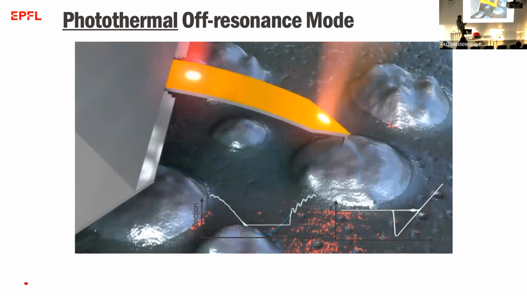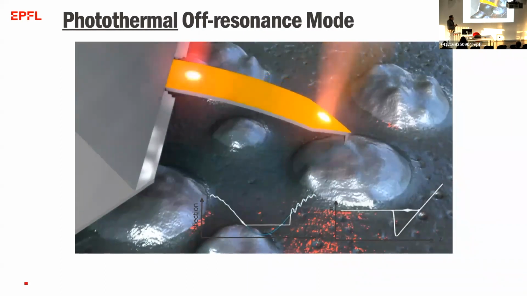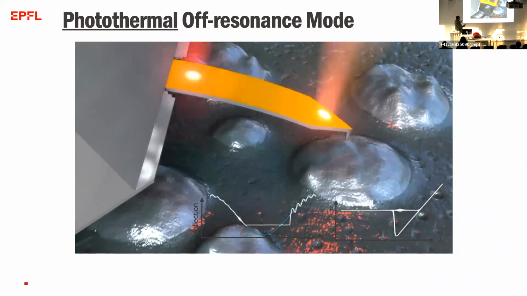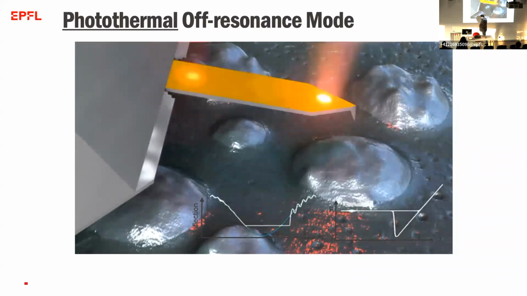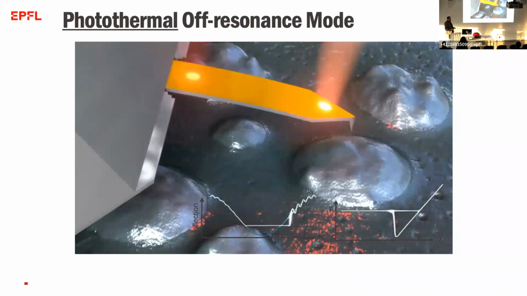If you heat it with the laser spot down here, you get what's called a bimorph motion. And we can pulse such a laser diode very, very fast. And this cantilever is very, very small. So this sampling of the surface can happen very, very quickly. And that way we were able to increase the data acquisition speed of our microscopes by 2 orders of magnitude. And that was a big deal for us.